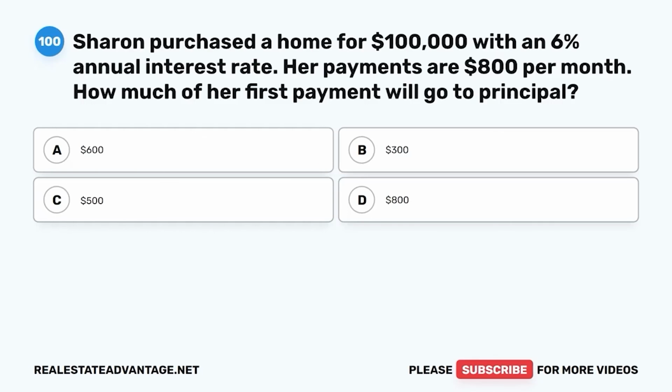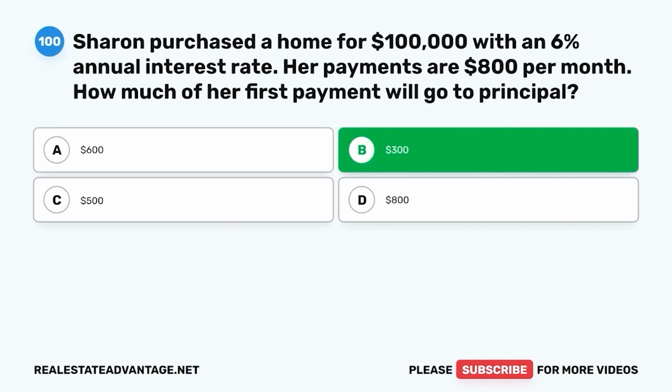Question 100. Sharon purchased a home for $100,000 with 6% annual interest rate. Her payments are $800 per month. How much of her first payment will go to principal? A. $600. B. $300. C. $500. D. $800.